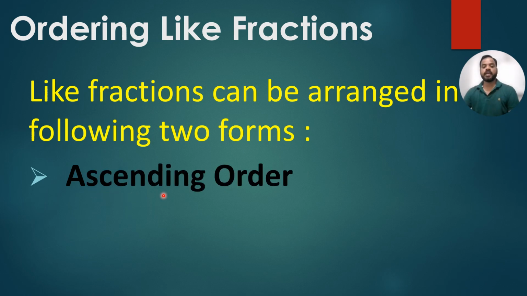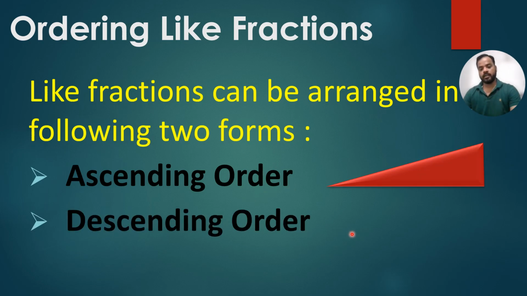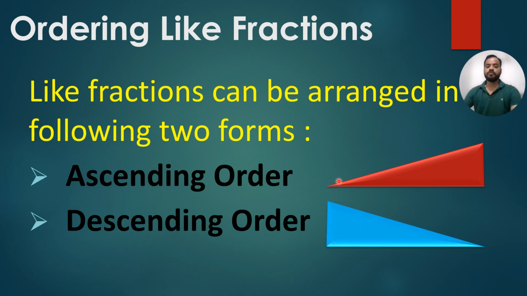We can arrange either in ascending order or the descending order. In ascending order we go from smaller to greater, and in descending order we go from greater to smaller.